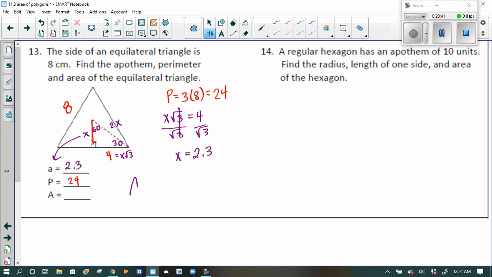The area is the perimeter times the apothem divided by 2. So 24 times 2.3 divided by 2 is 27.6. And they gave this to me in centimeters, so this is centimeters squared.